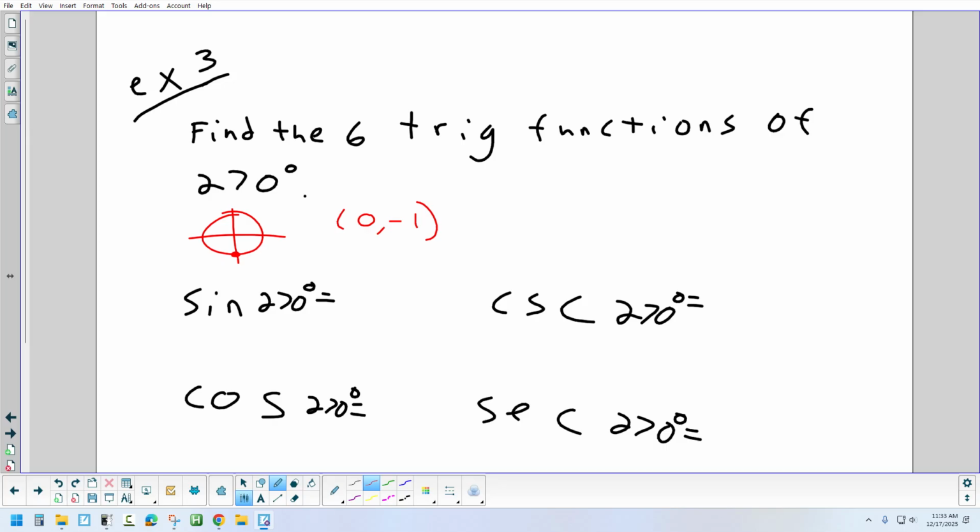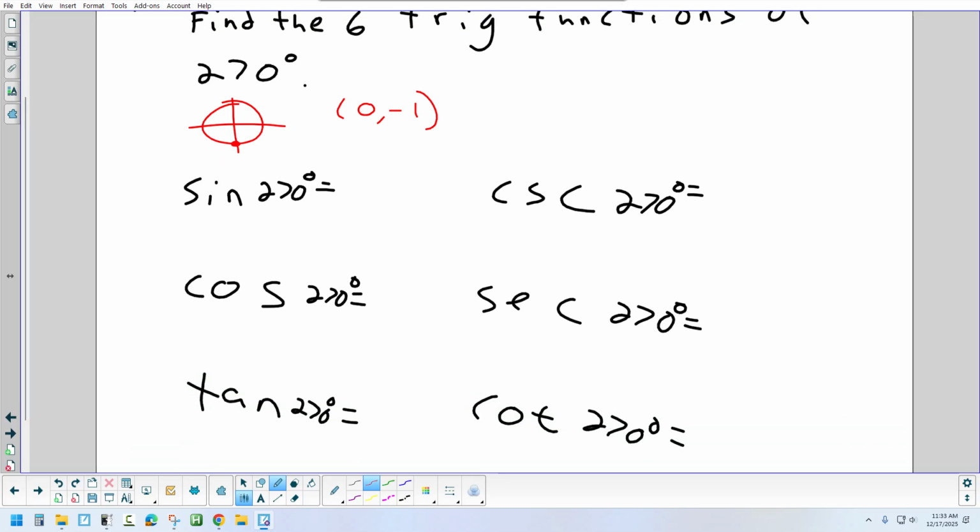Now find your 6 trig functions using x and y. What would be the sine of 270? Whatever was going to go in that box right there: -1. How about the cosine of 270?